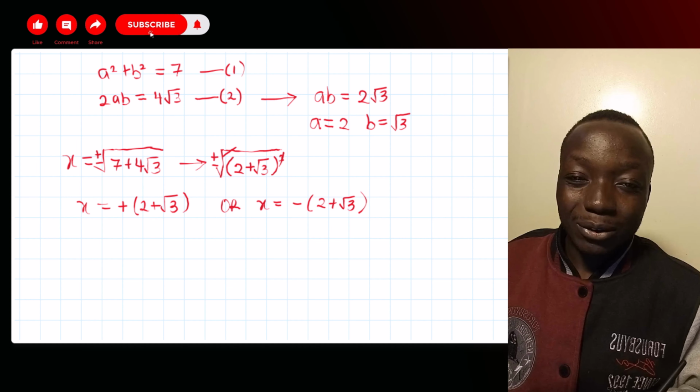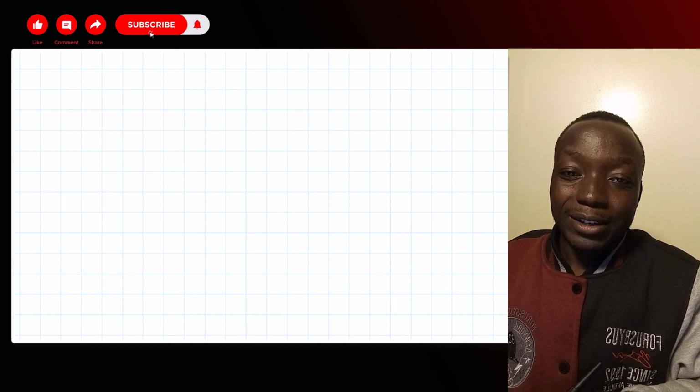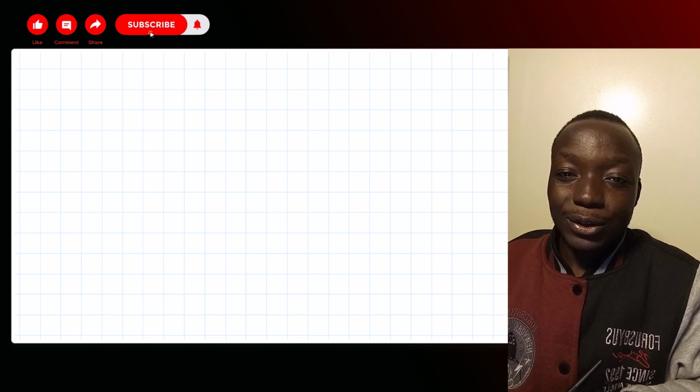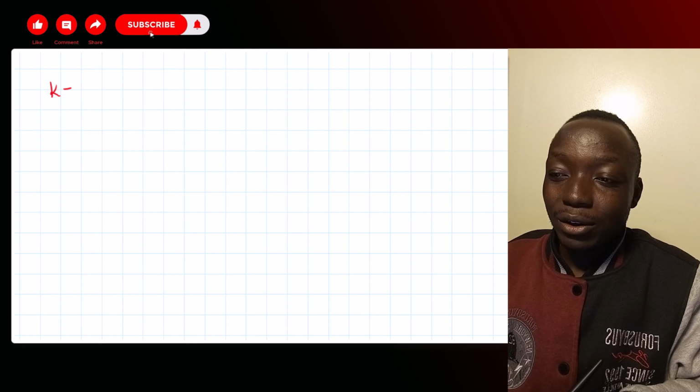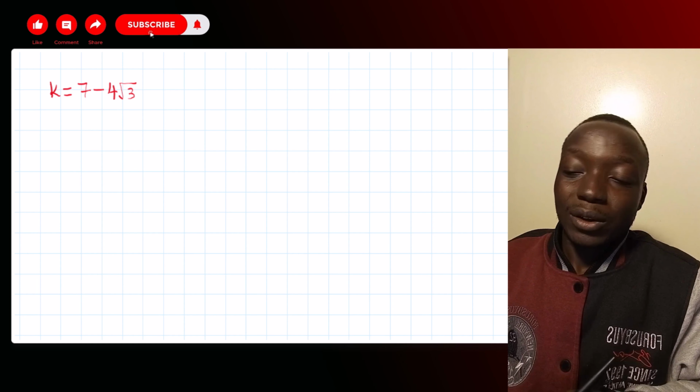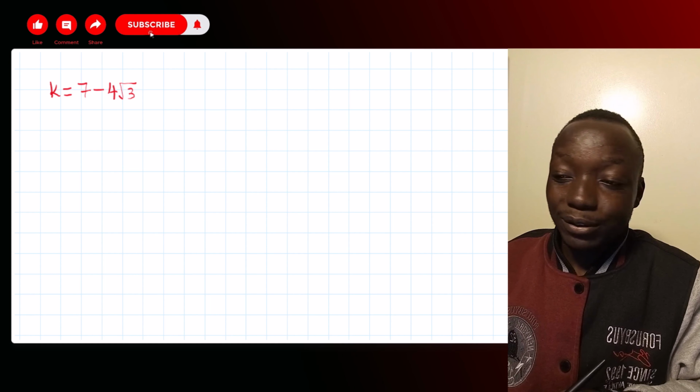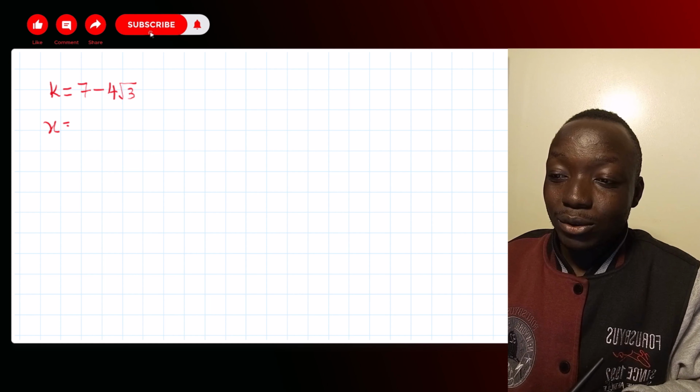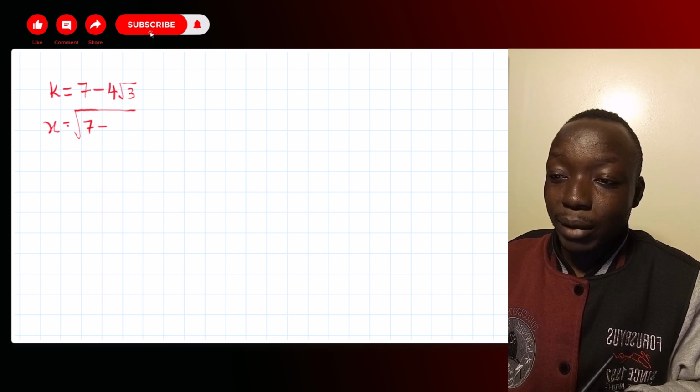Now let's do the second case. The second case from the previous question, we got that k is equal to 7 minus 4 square root 3. And remember, x is equal to the square root of k. So x is equal to the square root of 7 minus 4 square root 3.